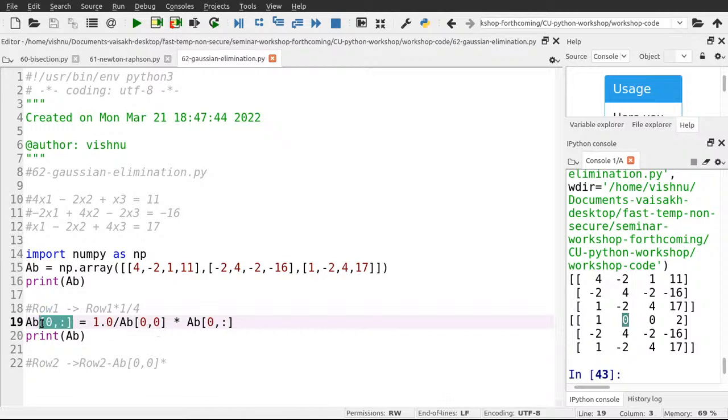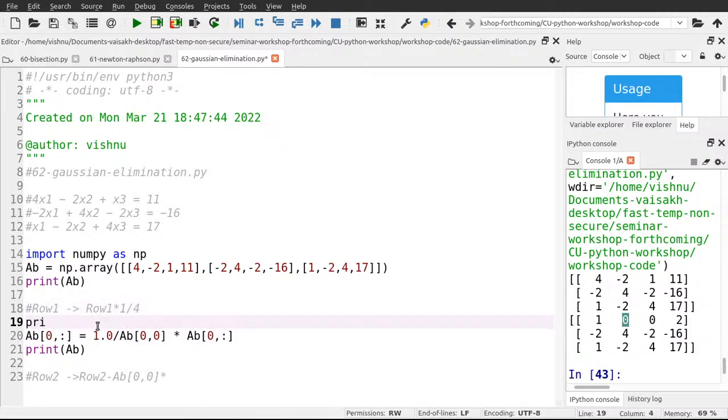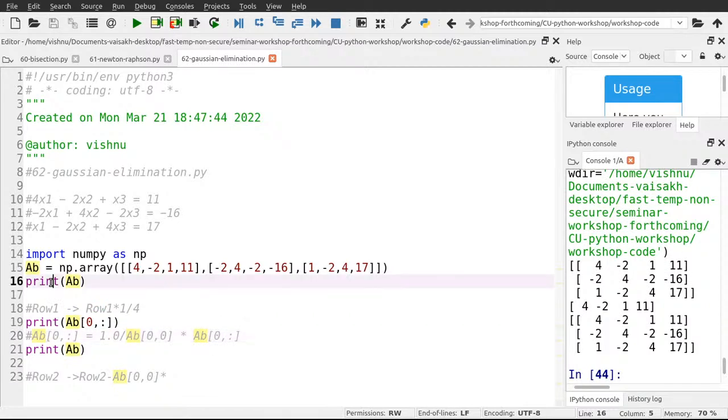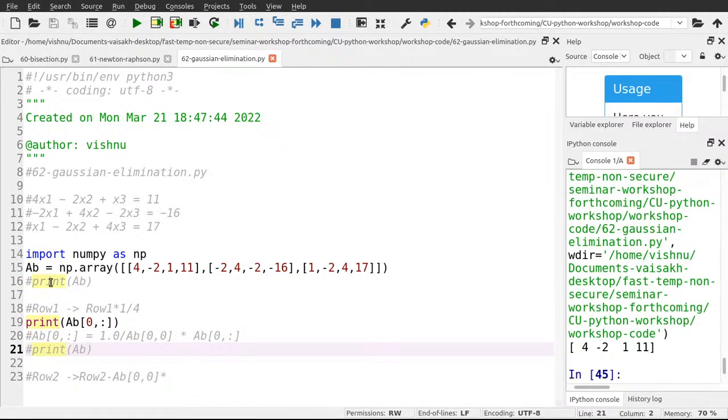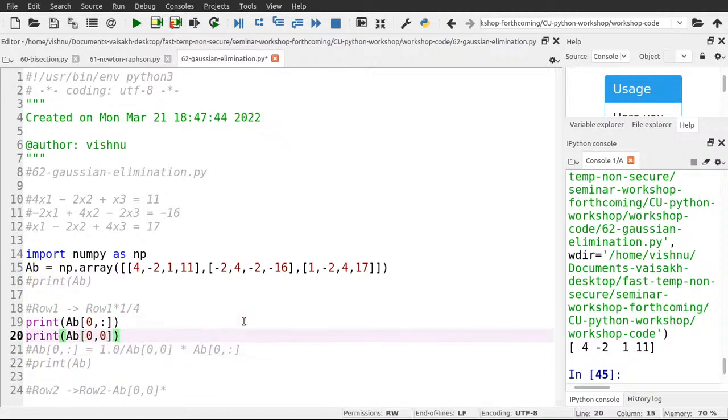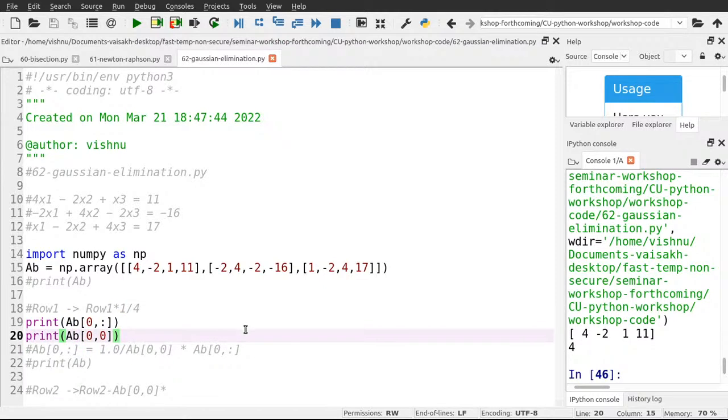Okay, let us try to see what this is. This is not needed now. This is also not needed. 4 minus 2, 1, 11. That's fine. That's the first row. And let us try to see AB 0, 0 also. That is 4.